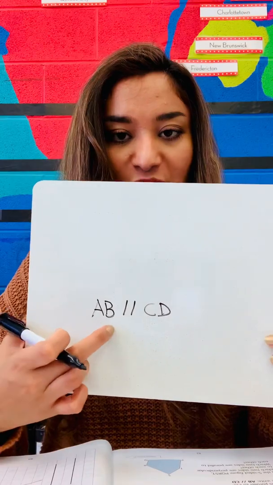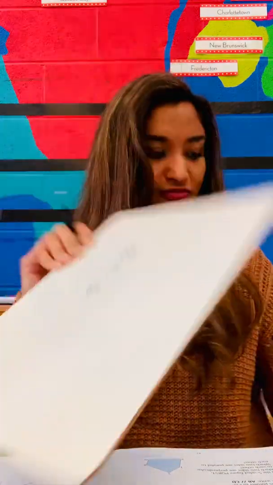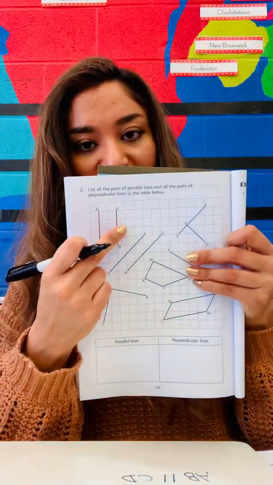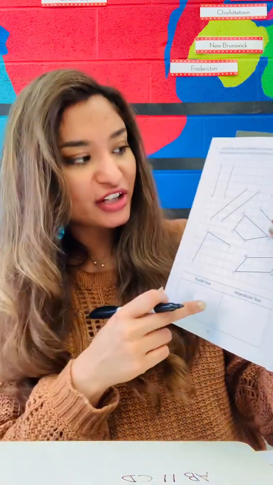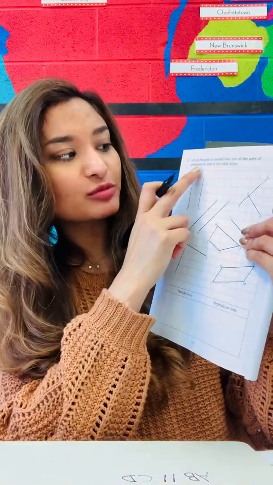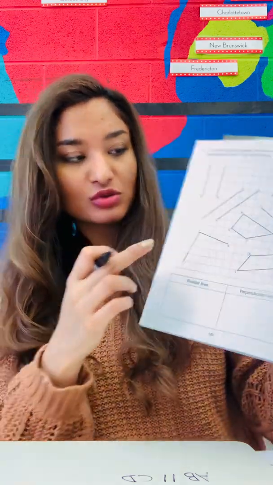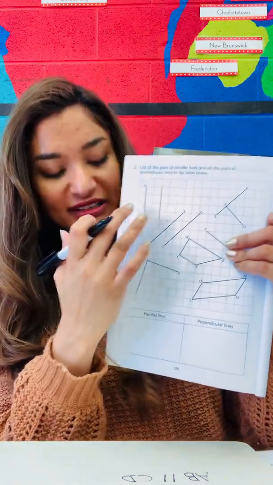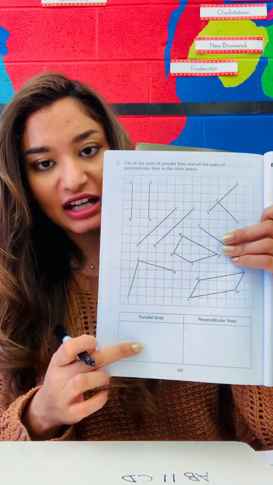So under the parallel section, you would write A and B are parallel to C and D. They're saying find out all the pairs and list all the pairs of parallel lines and all the pairs of perpendicular lines in the tables below. Because these two are parallel lines, you would write them under the parallel line section.